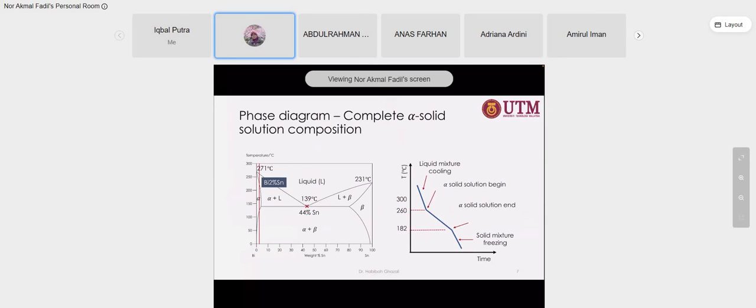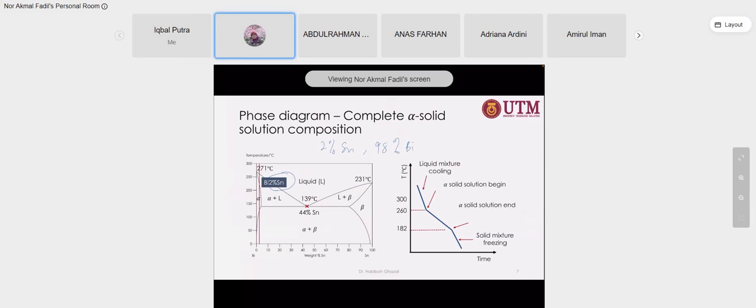So if we pick any alloy for the bismuth stannum system, for example here, a 2% stannum alloy, 2% stannum, 98% bismuth, let's say this is your alloy.